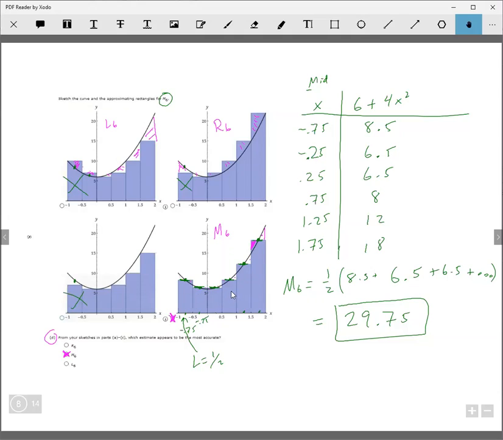And then if you use 1,000,000, you're going to get even better than that estimate. So the more that you use, the better.